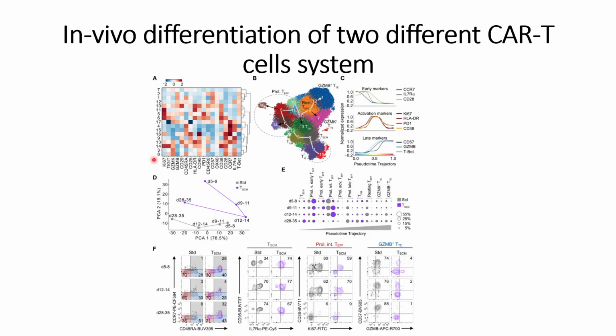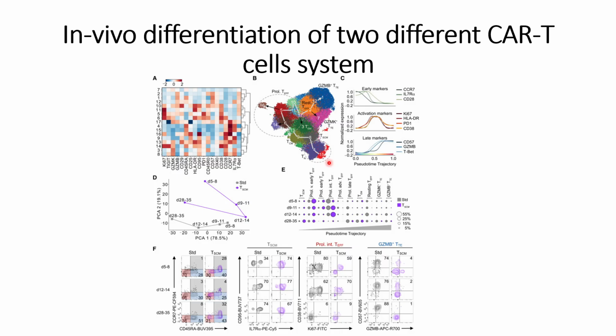From the results of this flow cytometry, they found that the cells are differentiated. There are different populations that cluster themselves into 17 different groups, and this includes CAR T cells from both the standard CAR T cells and the Tscm based CAR T cells. This is the heat map that shows the difference in the clusters.